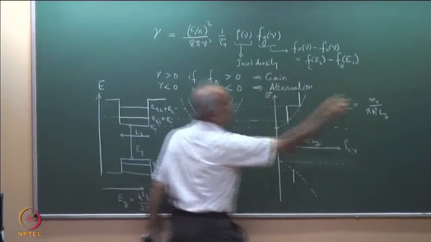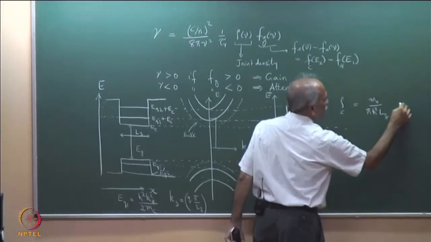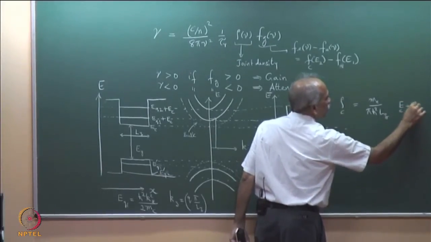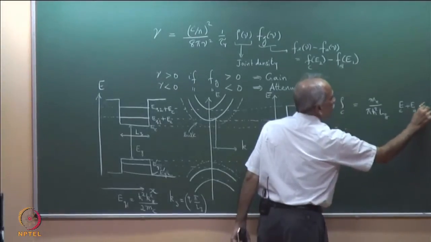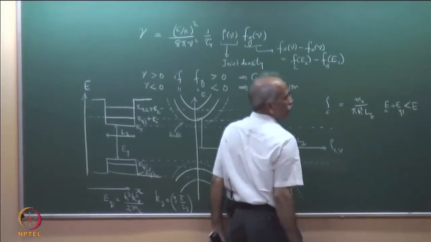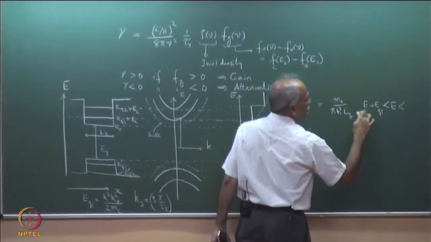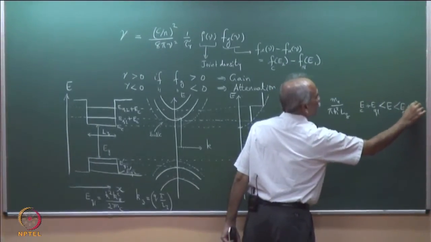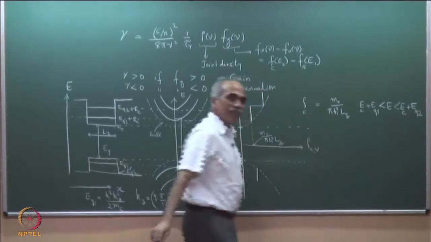So, this is for Ec plus Eq1 less than E less than Ec plus Eq2. I have come to the end of the board.